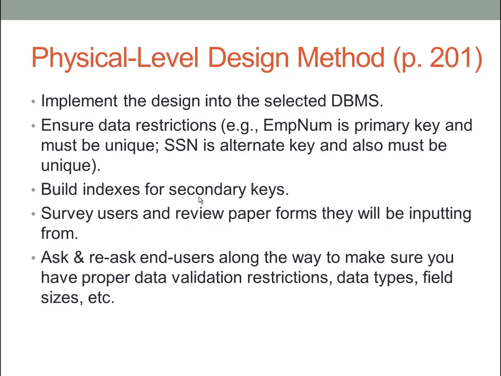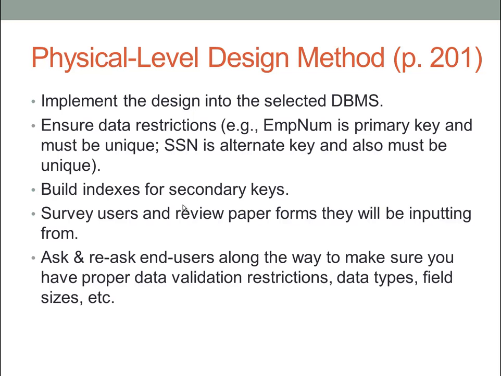Or maybe it's 2 characters, but there's only 5 choices, so I need to have a lookup value, or a way that I've restricted them to just those 5. Whether or not it came in paperback is a yes or a no. Have I restricted them to only those 2 answers, etc.? These are all the types of things that need to be thought of when I'm working with that physical design.